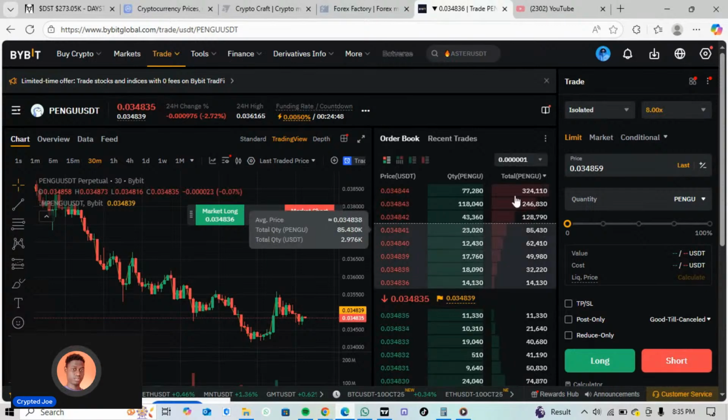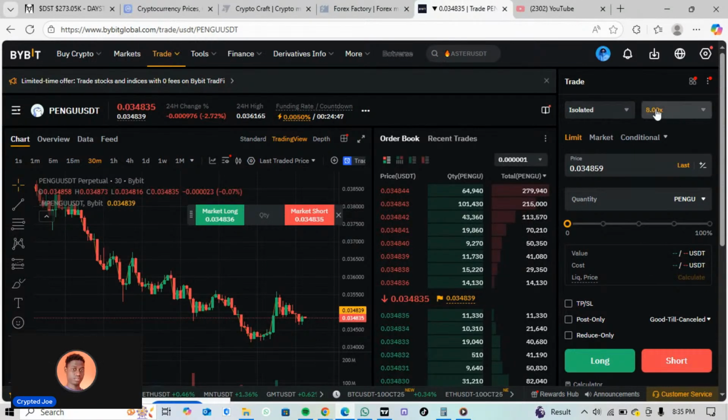So first things first, make sure that it's on isolated, and it's on limit also. So you check very well if it's on isolated margin and it's also on the limit section. So the first box now is your entry. You understand?